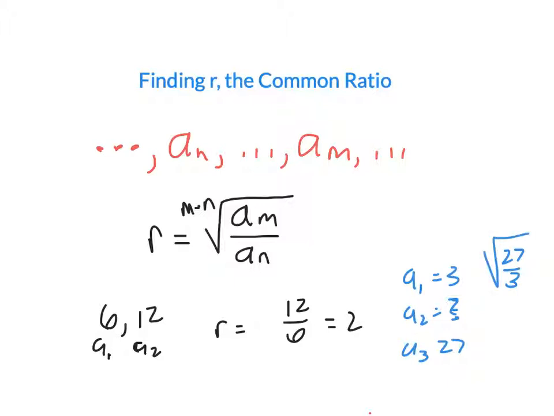And this would be our common ratio. Well, 27 divided by 3 is 9, and the square root of 9 is 3, so this would be r equals 3. So this formula becomes important in finding r, and you'll see it in action when I go over the answers to the problems.